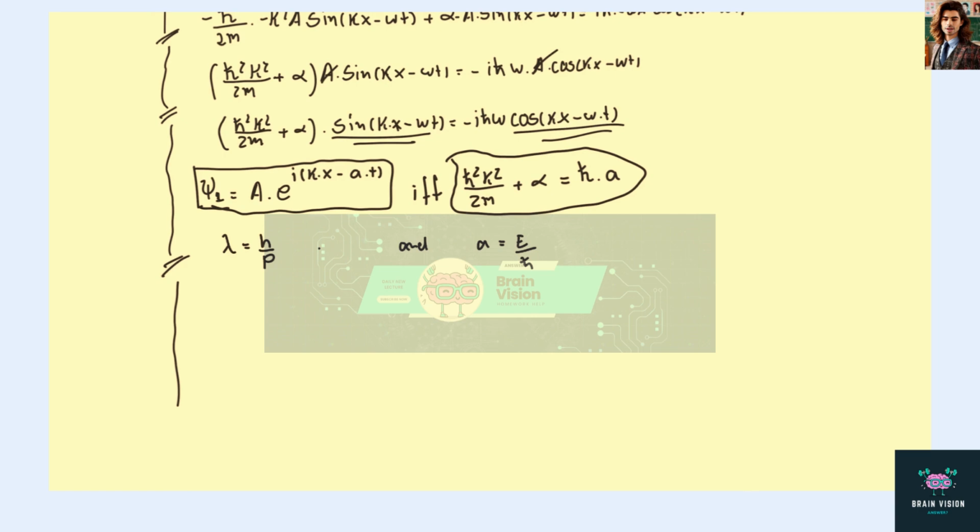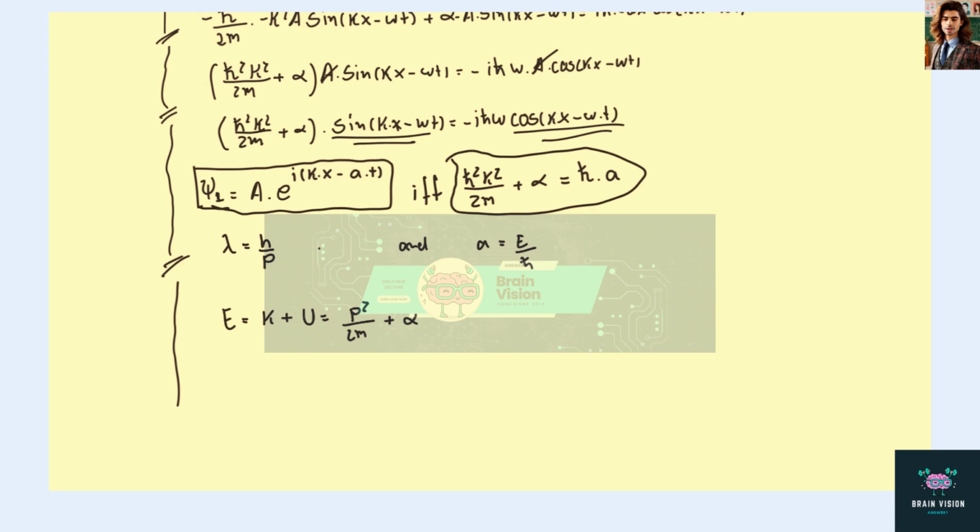Conservation of energy tells us that E is equal to the kinetic energy plus the potential energy. In our situation, the kinetic energy is equal to p squared divided by 2m, the momentum squared divided by 2 times the mass, plus alpha, which is the potential for this situation.